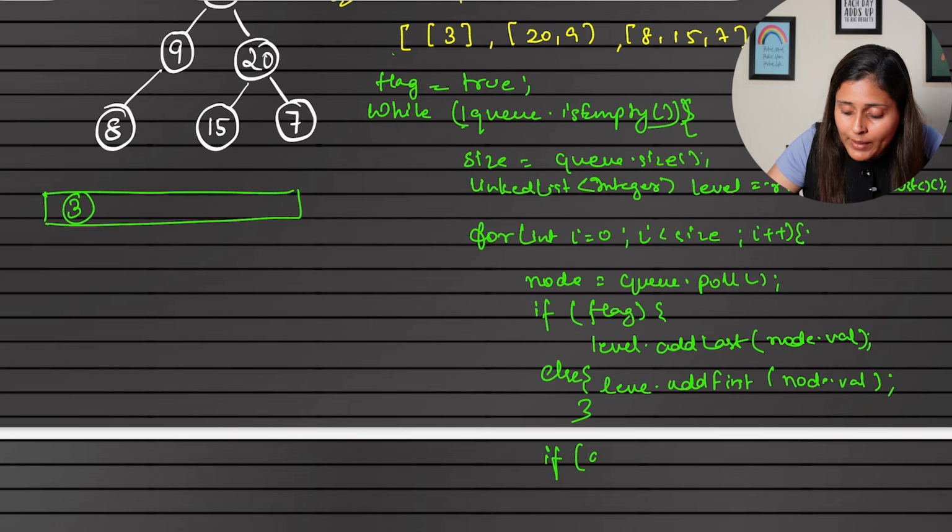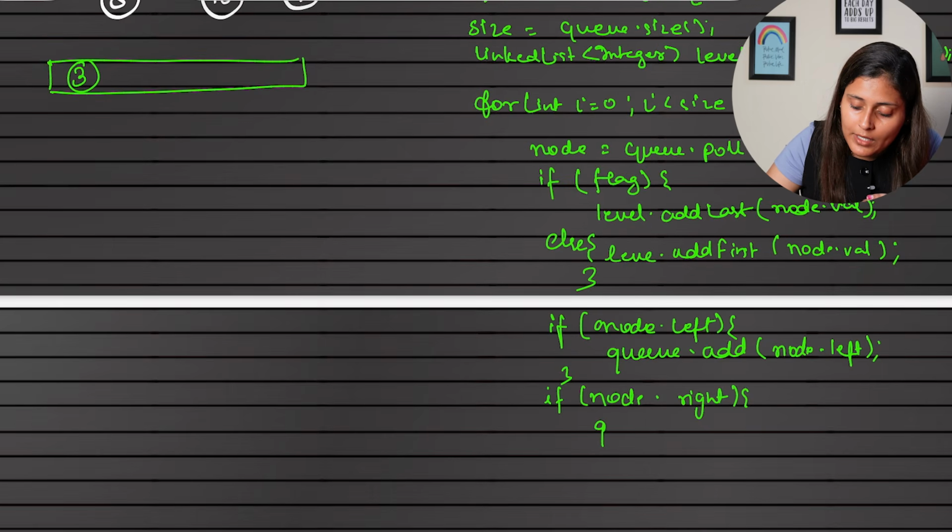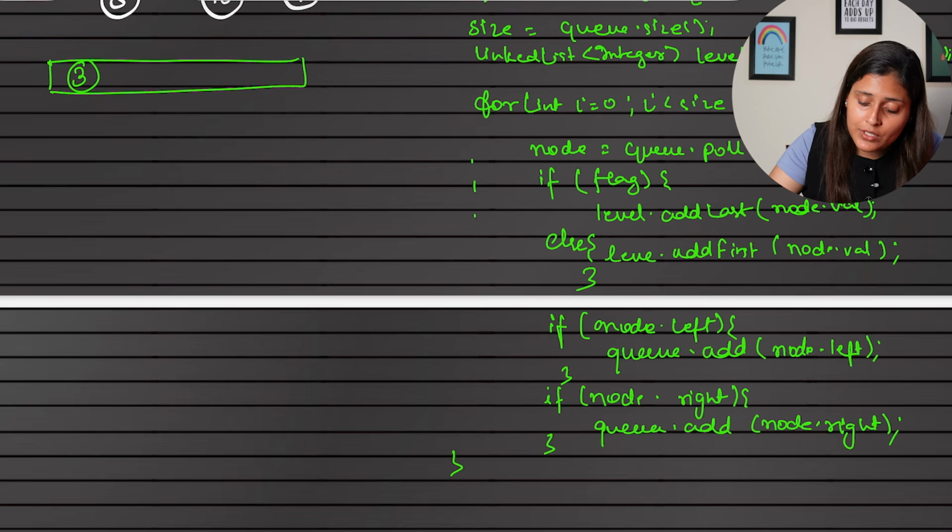So I'll check if my node dot left exists, correct? What we will do, in queue we will add node dot left. Very good. Similarly, if we have node dot right, in queue we will add node dot right. That's it.